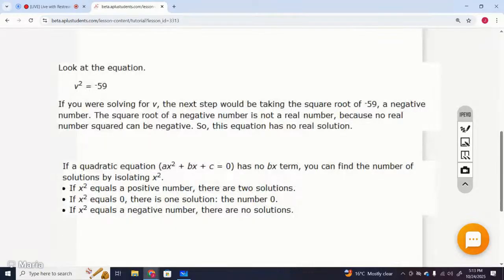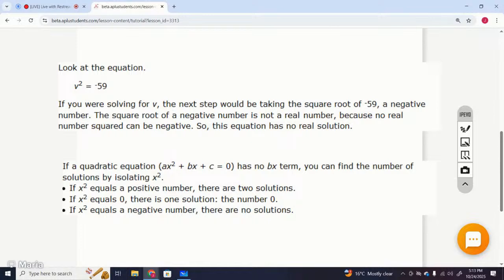If x squared equals a positive number, there are two solutions. If x squared equals 0, there is one solution, the number 0.